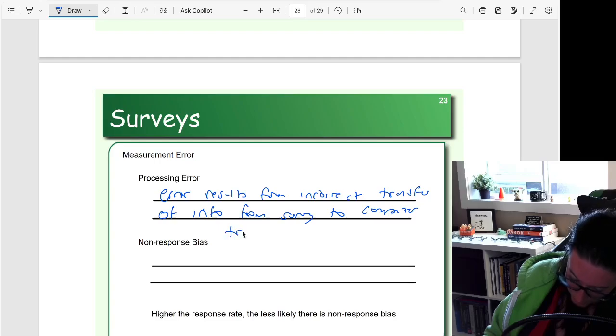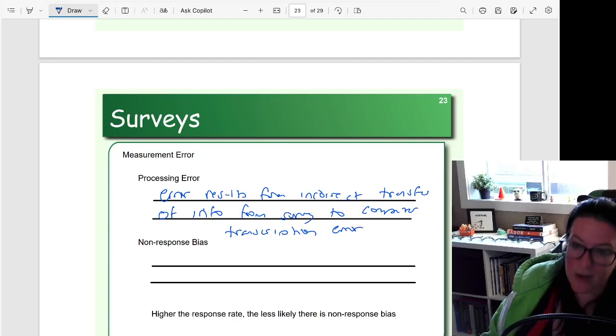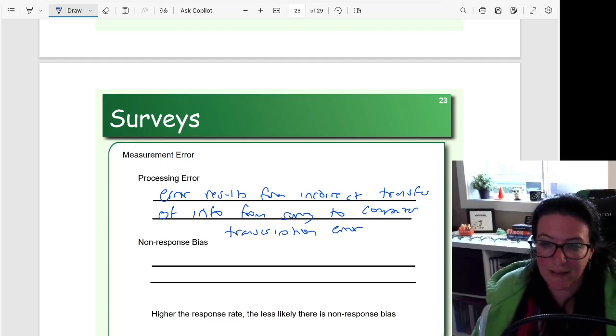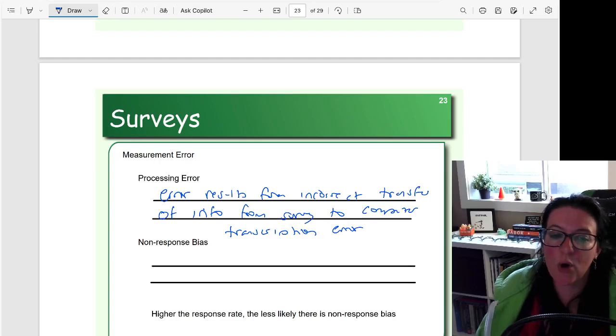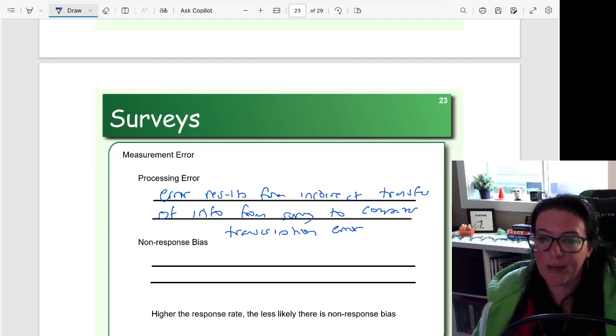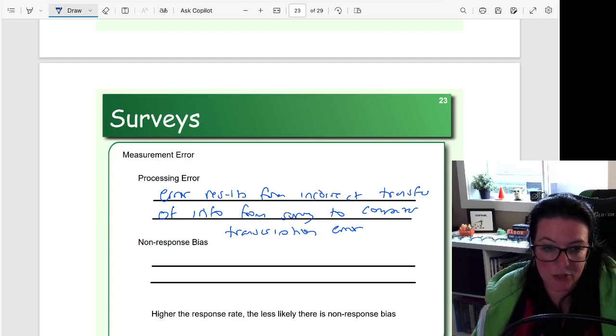So this is transcription error. This is error in terms of typing it up so that we can analyze it, or error in our coding when we convert responses to numbers to make the analysis easier.